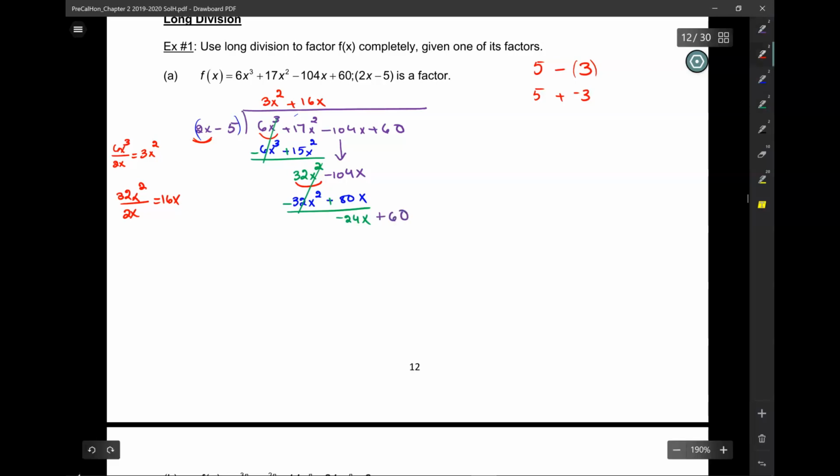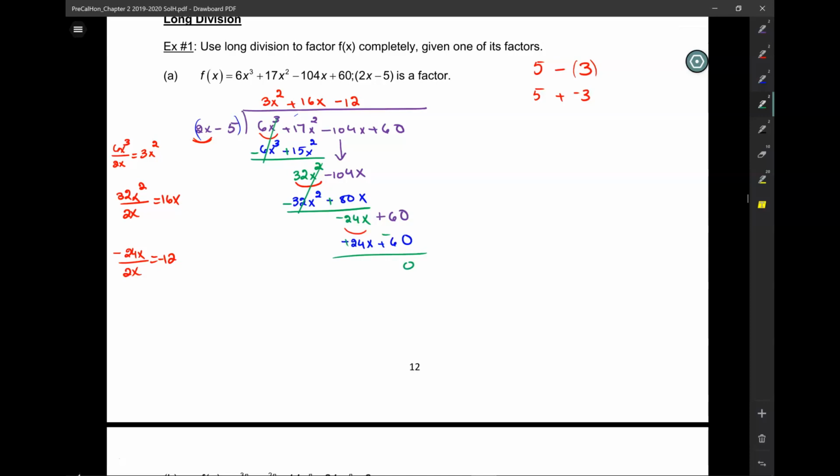Okay, and then finally, same thing all over. Divide by 2x. This is negative 12. So now I put a negative 12 here. Multiply. When I change the signs now, I get a remainder of 0.